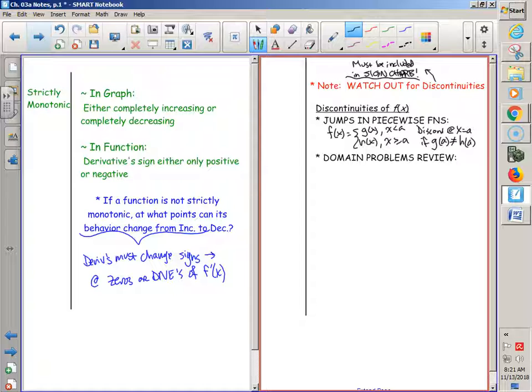So if plugging in a and plugging in a don't match up, there's a discontinuity. If they do match up, it's fine. And the other place we need to watch out for is anywhere where x cannot equal. So discontinuity is either where the function doesn't match up or where x cannot equal.